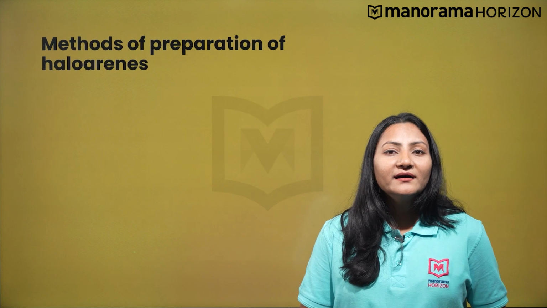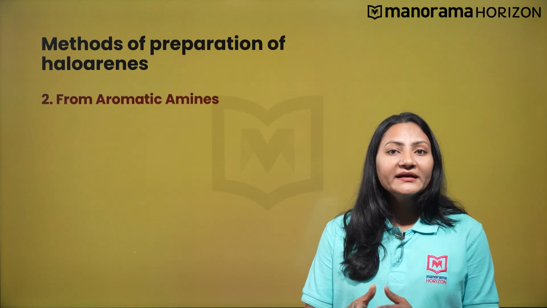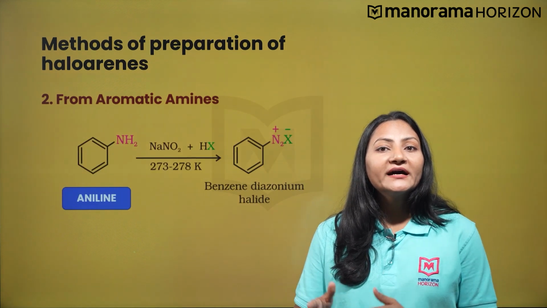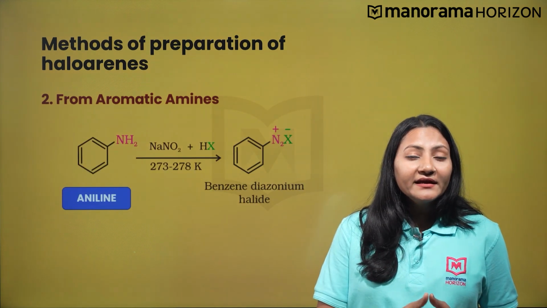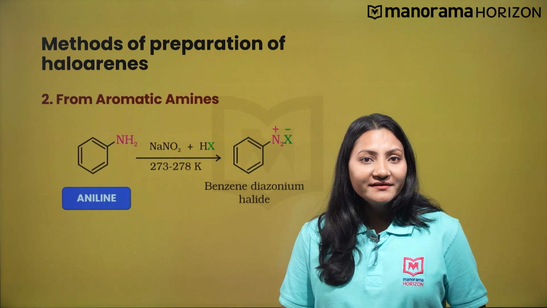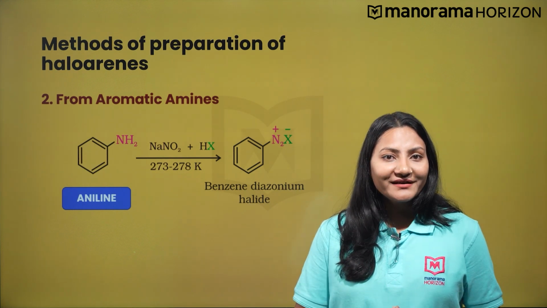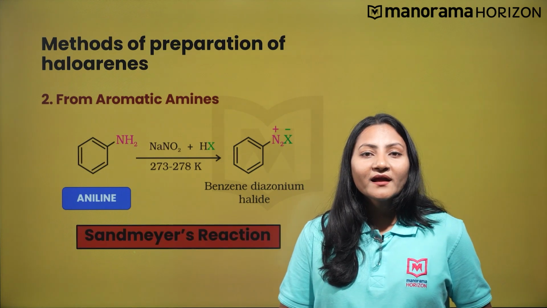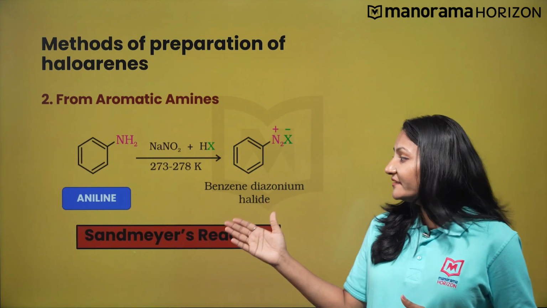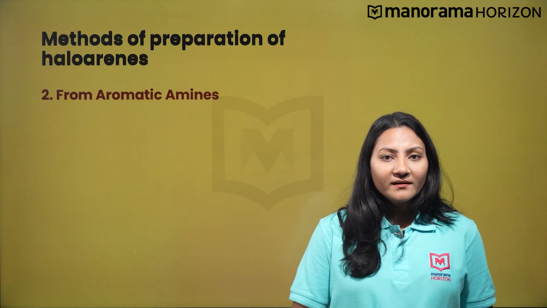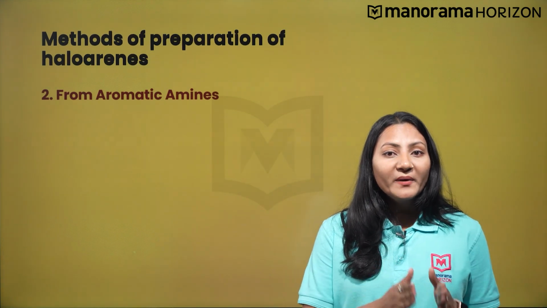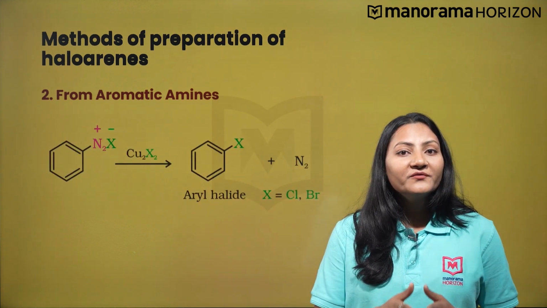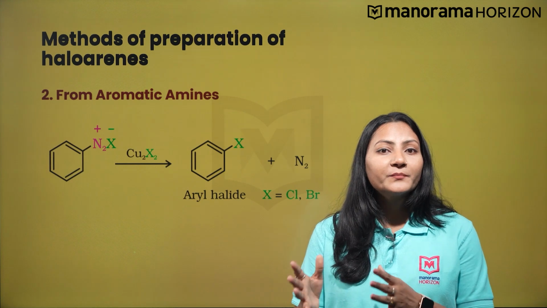To prepare a haloarene from an aromatic amine, first we need to dissolve the primary aromatic amine such as aniline in cold aqueous mineral acid and treat it with sodium nitrite. This reaction will produce a diazonium salt. The second step, known as Sandmeyer's reaction, is to mix the solution of the freshly prepared diazonium salt with cuprous chloride or cuprous bromide.